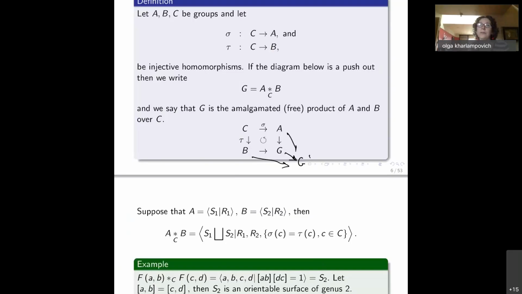So how do I understand this as a relation in terms of the generators S1 and S2, this sigma of C equals tau of C? Sigma of C is an element in A, right? So it can be written in terms of generators S1. There are usually many ways to do this.